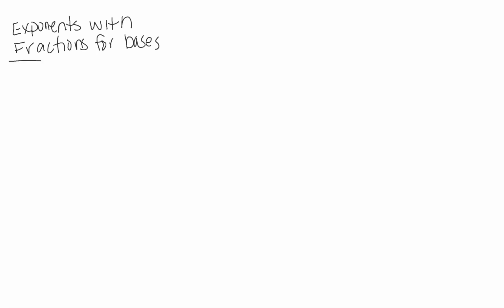Okay, so first of all, let's talk very briefly about exponents with fractions for bases. Now you'd have to go way back to previous videos to get videos on how exponents work in general.